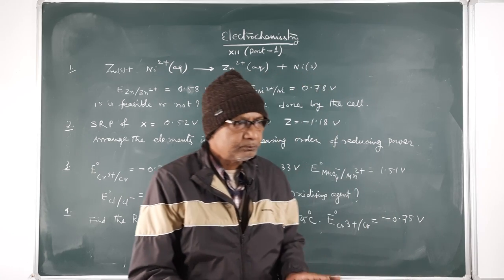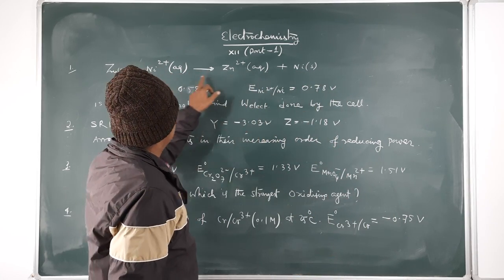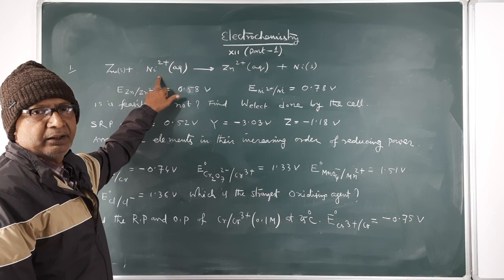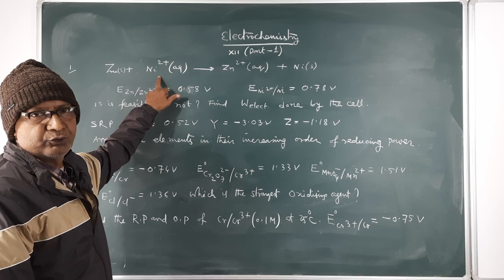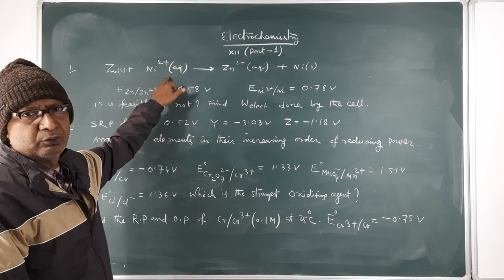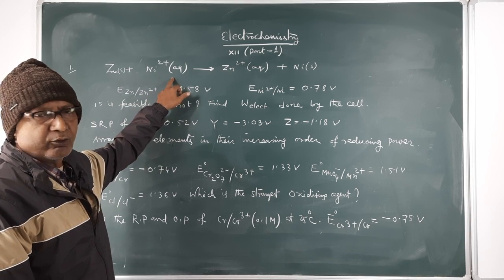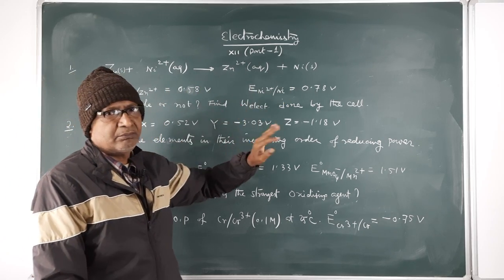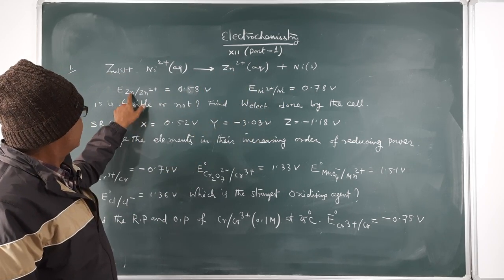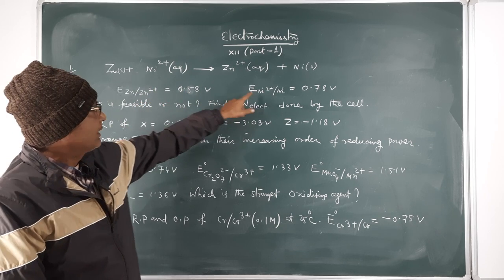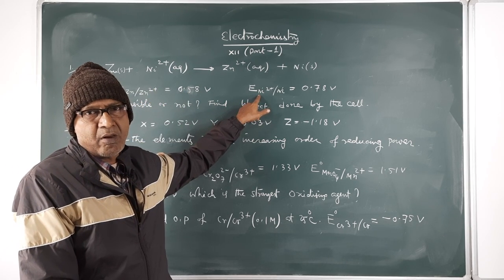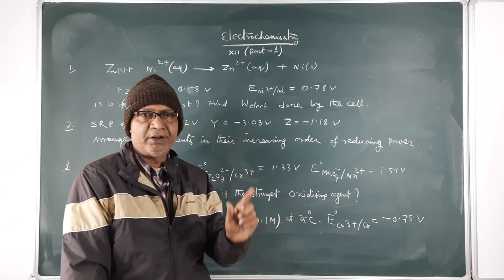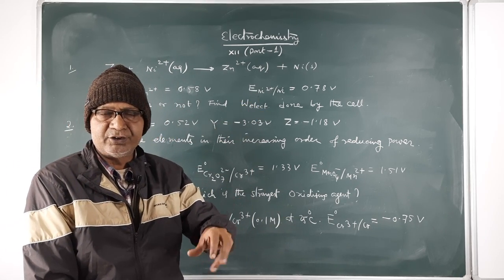Now see, here is a cell reaction given. Zinc dipped in a nickel solution, nickel sulfate, nickel chloride, whatever it be, an aqueous electrolyte of nickel, and this reaction is going on as shown here. These are the values given. Electrode potential is the potential that is developed between the electrode and its surrounding solution.